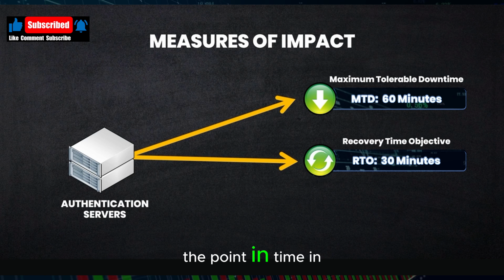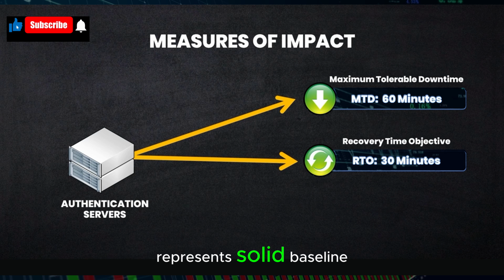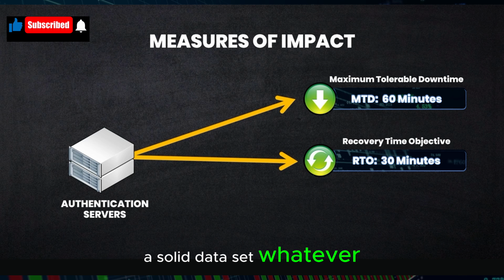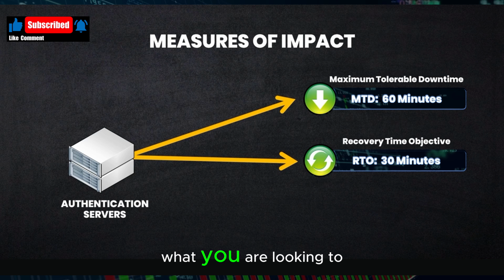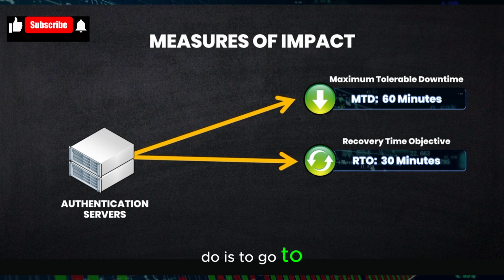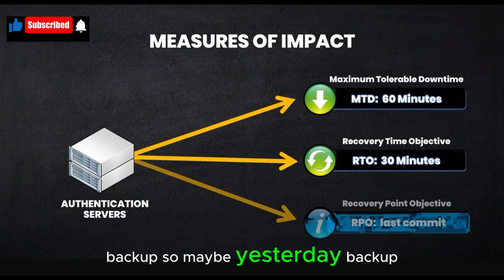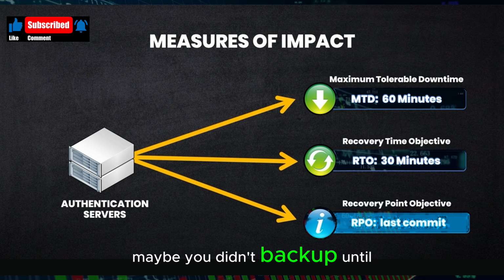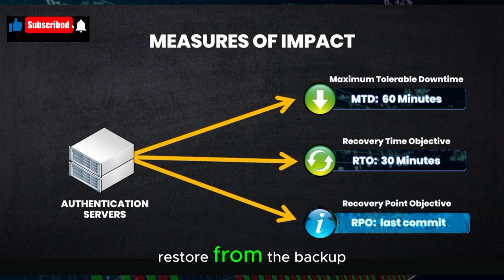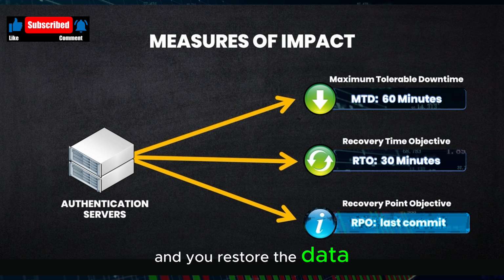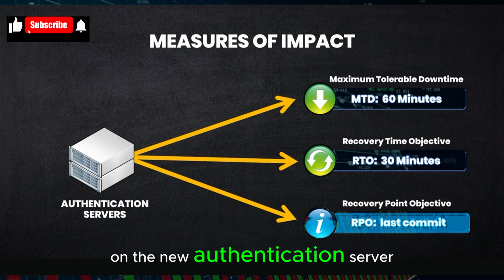The point in time which represents a solid baseline, a solid data set, whatever it might be, that's outlined in your business continuity policy or your business continuity plan. Normally what you are looking to do is go to the latest backup. So maybe yesterday's backup, maybe you didn't back up until 2-3 days ago. So you restore from that backup and you restore the data set on the new authentication server.